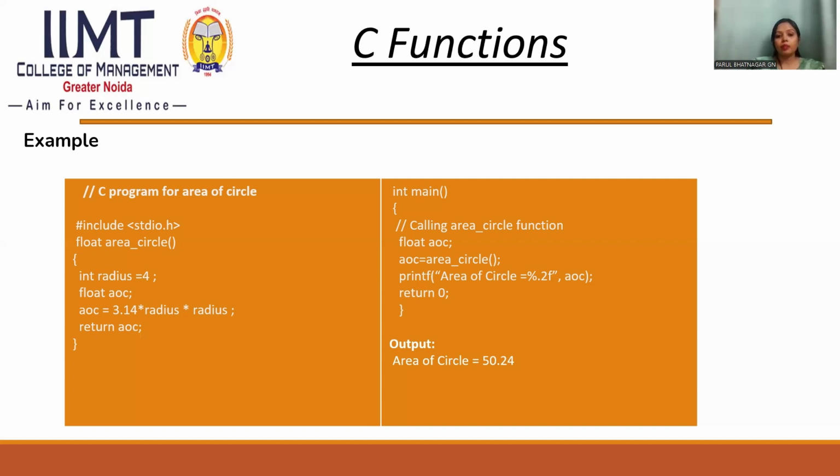Return AOC. We call this function in main, area_circle. This function doesn't take any parameter, but returns a value. So we receive the value in the AOC variable. When we print this value on the screen, it shows 50.24.